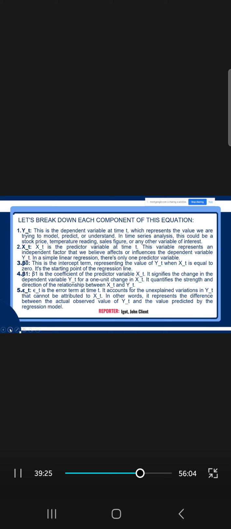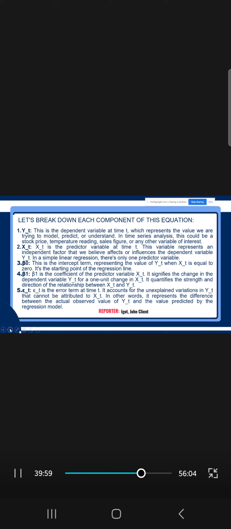Next is x_t, the predictor variable at time t. This variable represents an independent factor that we believe affects or influences the dependent variable y_t. In a simple linear regression, there is only one predictor variable.